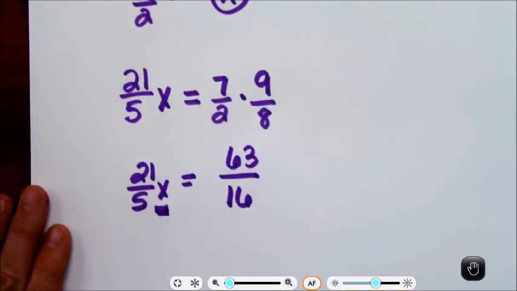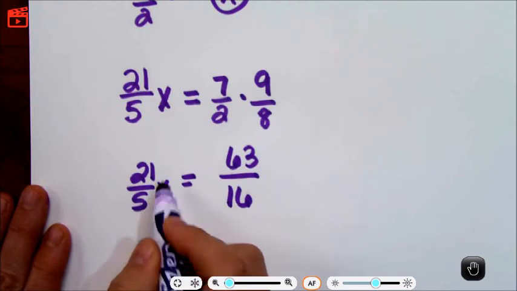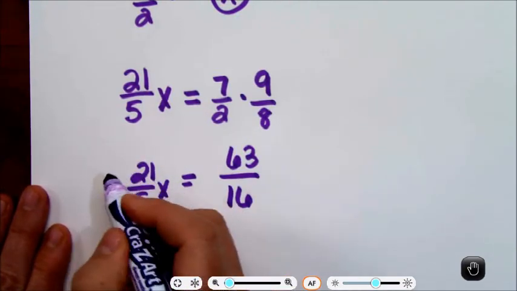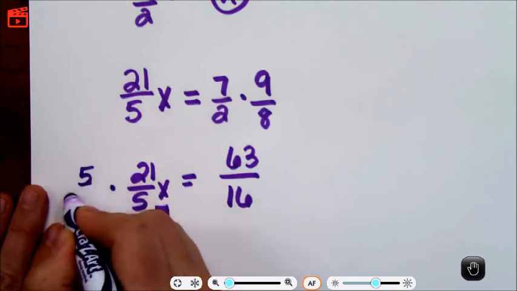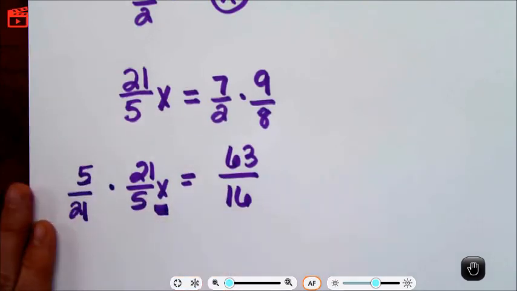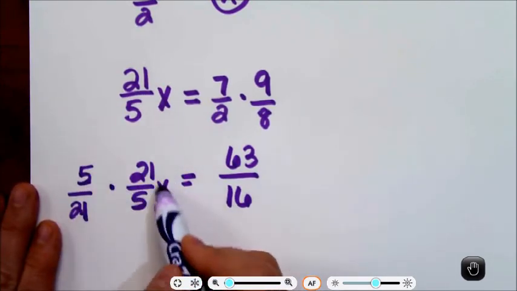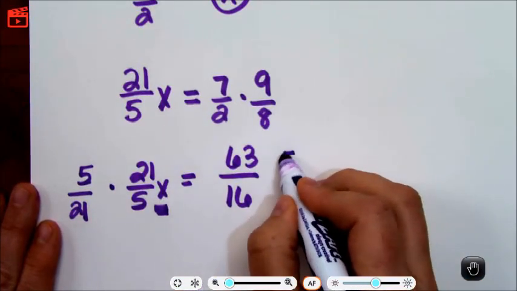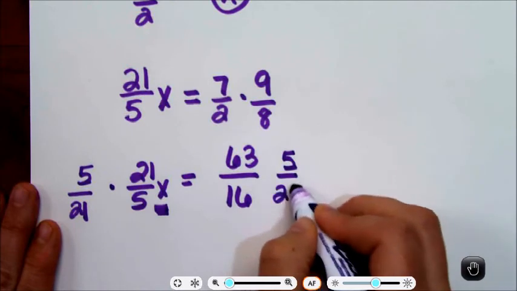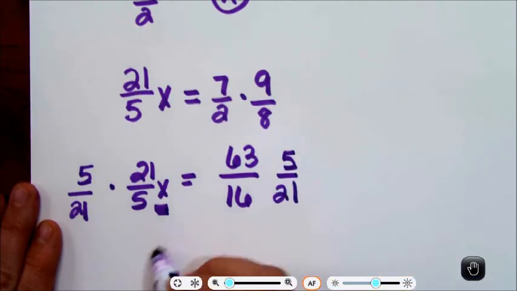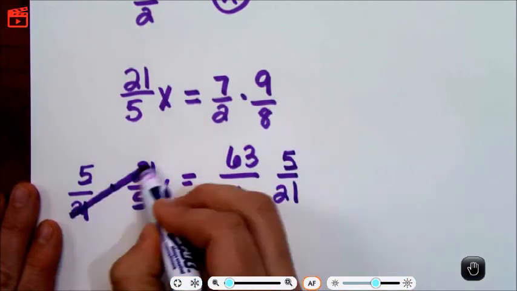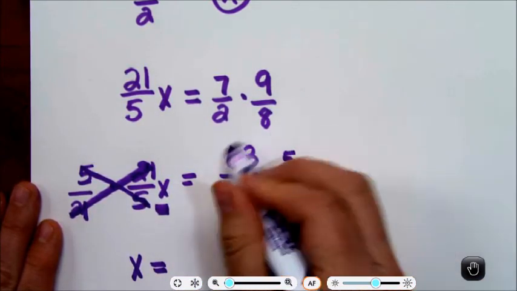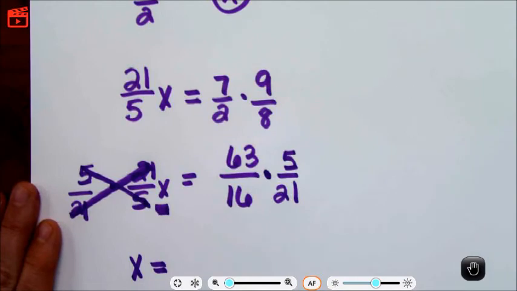So remember, we are going to divide, or in this case, we are going to multiply by the reciprocal so that we can cancel this out and we're left with x. But in order to do that, we have to multiply by the reciprocal on both sides. So what we have now is x, this canceled out, remember, equals whatever this is multiplied.